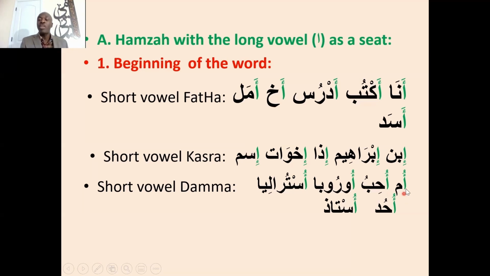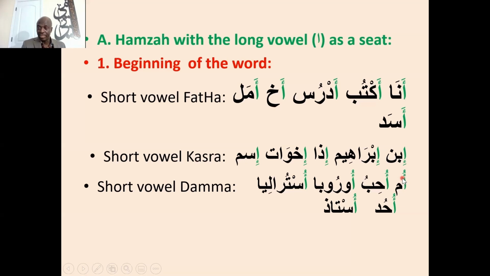So let's see when the hamza has the dhamma. Dhamma, see the little waw here, that's the dhamma. Um is mother. So the hamza will be placed on top of the alif, and the dhamma is on top of the hamza. Totally opposite to when the hamza has the kasra.